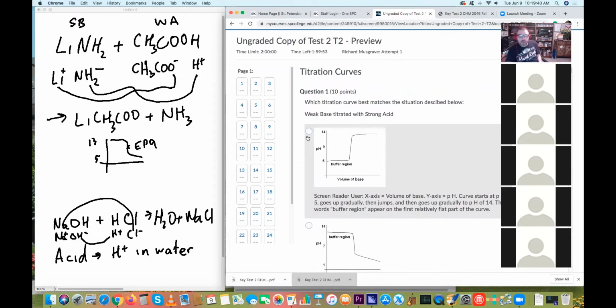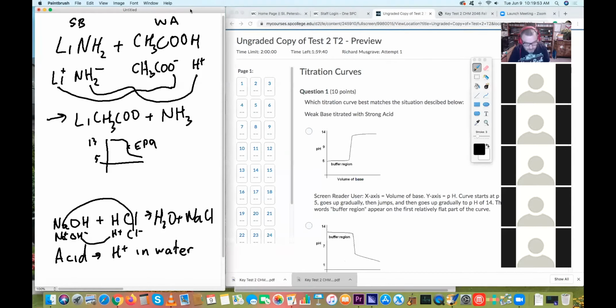And you can see that we're looking for the titration curve for a weak base with a strong acid. All right, so with that, I think it's probably good to draw a little bit of a diagram here, just to make sure that you're clear about what you're doing.